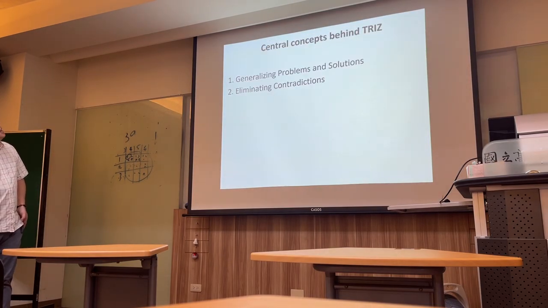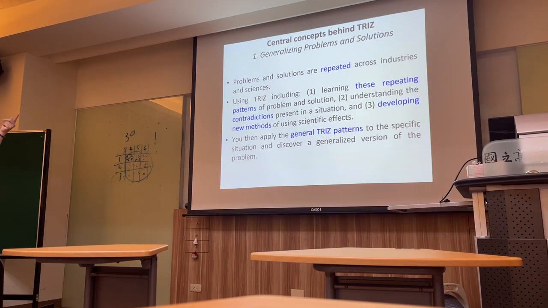TRIZ theory has two central concepts we will discuss: generalizing problems and solutions, and eliminating contradictions. Contradiction means conflict. TRIZ theory says that problems and solutions are repeated across industries.